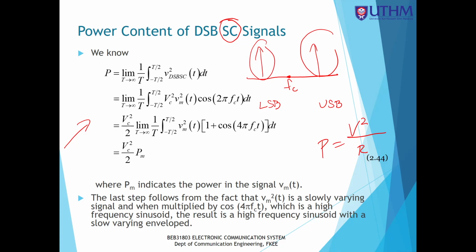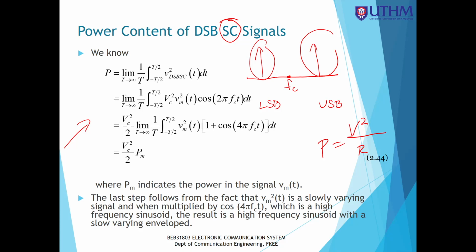So you see that this one is Vc square Vm square. If you see Vm square, this is supposed to be cos square. Okay, sepatutnya menjadi cos kuasa 2 because we do the quadratic over here.